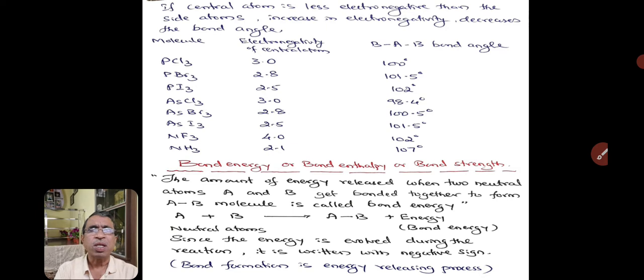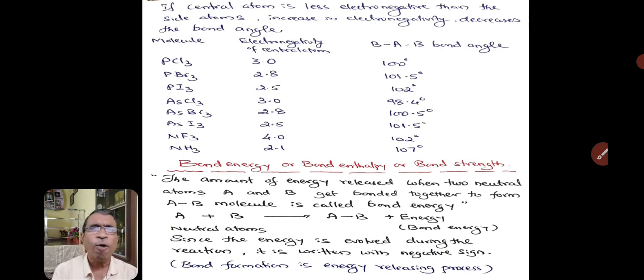So this is another aspect, where the central atom is less electronegative than the surrounding atoms. In the earlier case, the central atom was more electronegative than the surrounding atoms. Let us take an example, PCl3.